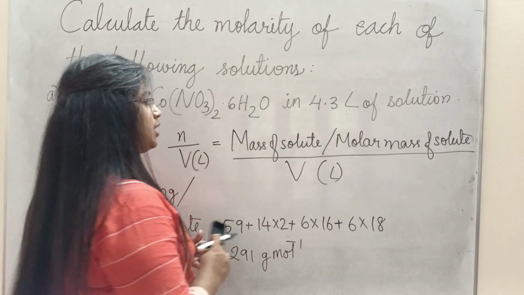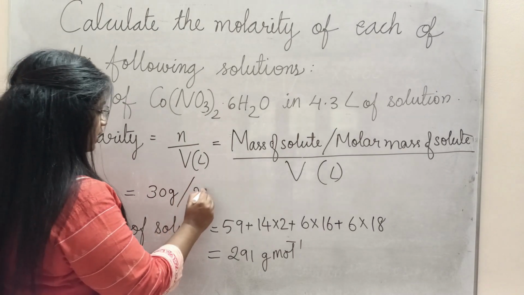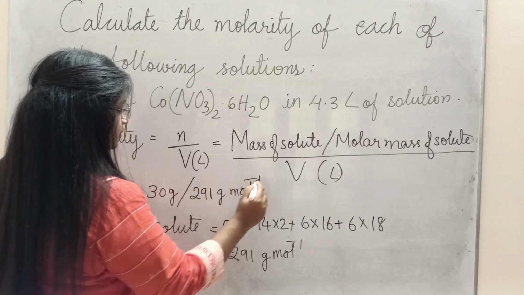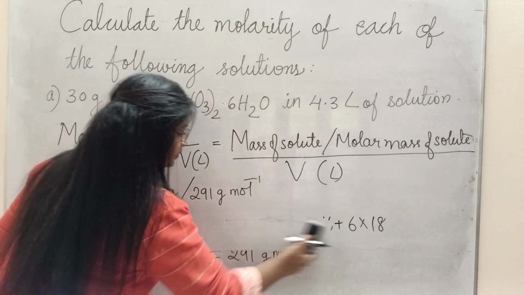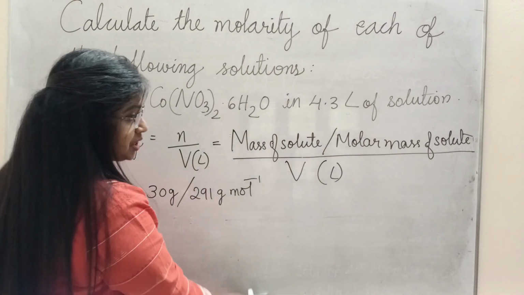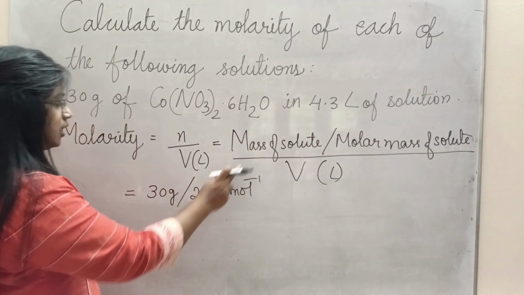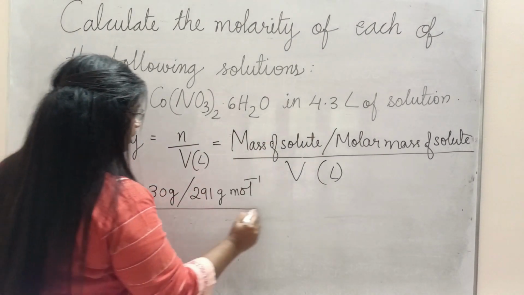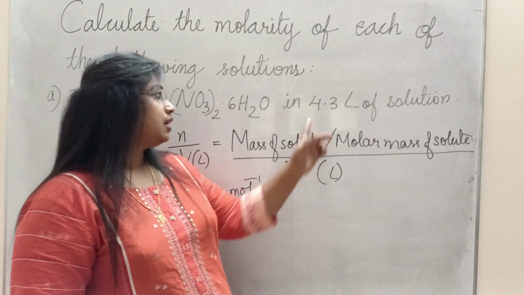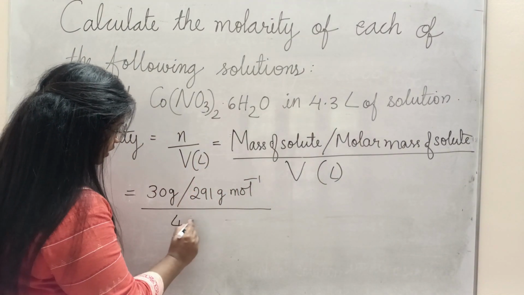Okay, we need to substitute it here. 291 gram per mole. If you want to do the calculation, pause the video and write it down in your notebook. Now we have got it. Number of moles divided by the volume of the solution in liters. The volume of the solution is 4.3 liter, so you have to write it there.